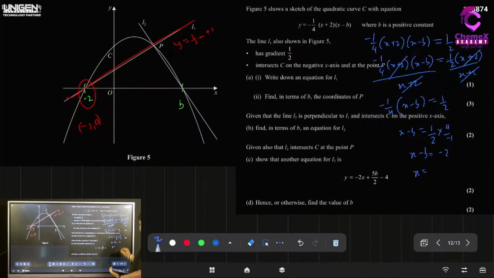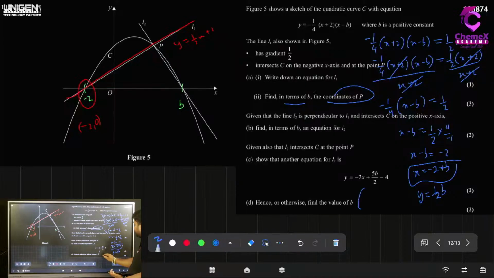So x is equal to what? Yeah, x is equal to minus 2 plus b. Now you need to know what is the y. So y is equal to what then? You know the equation, y equals half x plus 1. So y equals 1 over 2 b. But they are asking find in terms of b the coordinate of p.